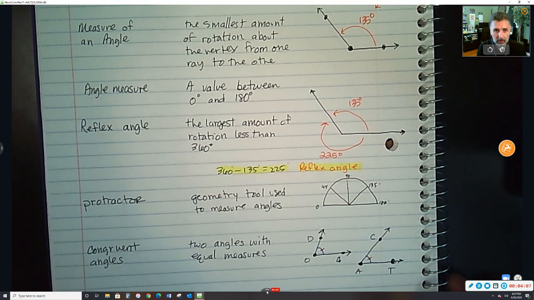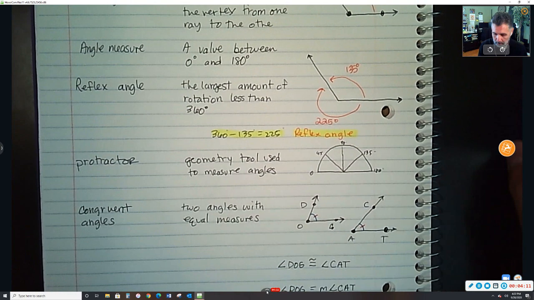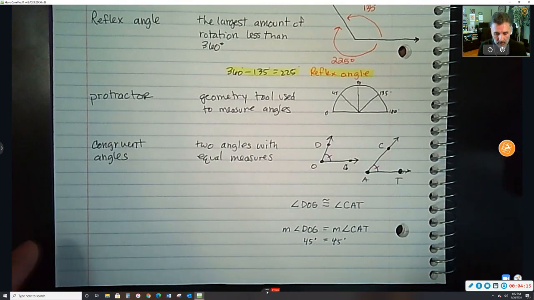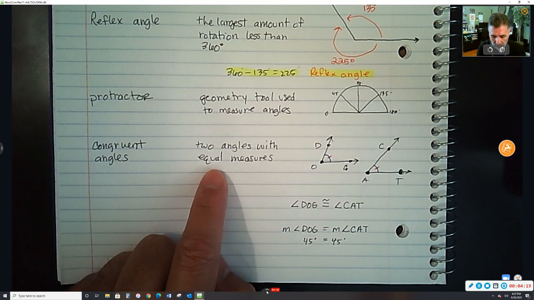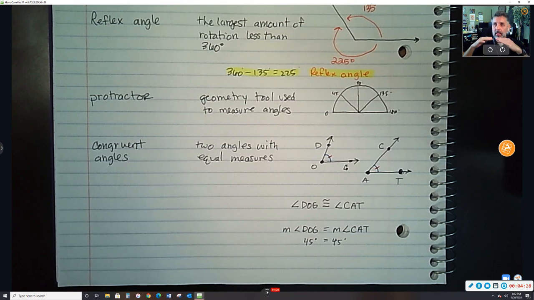And then the last thing we have on here is congruent angles. That would be two angles with equal measures, meaning they measure the same. When we had congruent sides, we put little tick marks on them to show they are congruent.